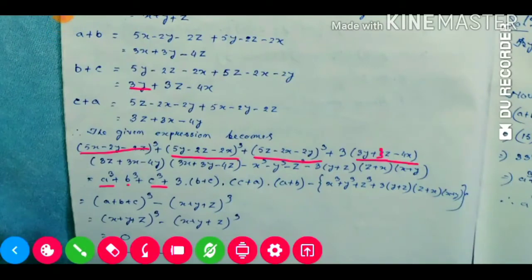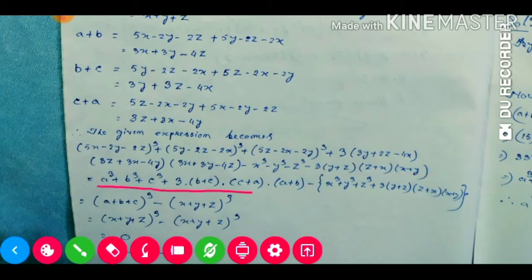So this one we got from b plus c. Then similarly this one, 3z plus 3x, we are getting from c plus a. And this portion 3x plus 3y minus 4z, we are getting from a plus b. And this portion, if we take minus common, all these negatives will become positive.